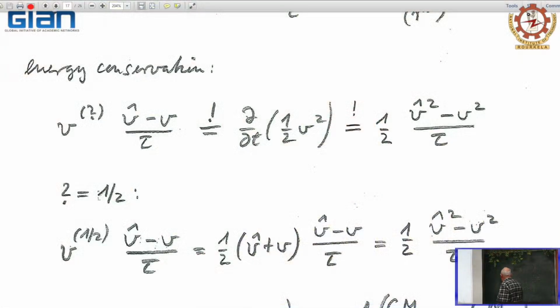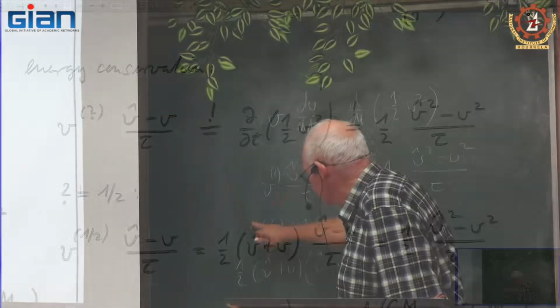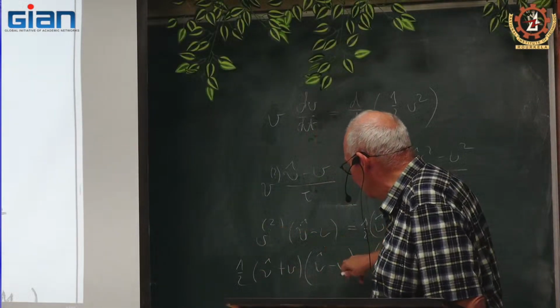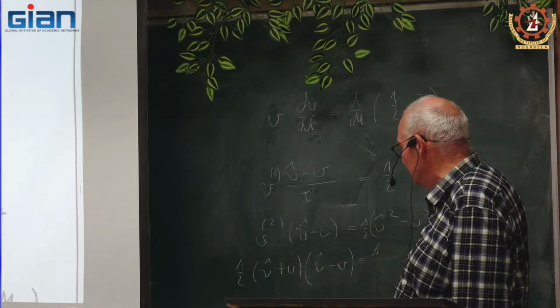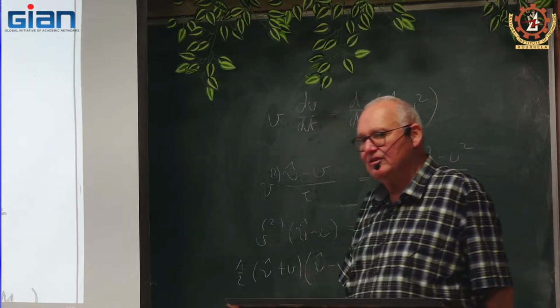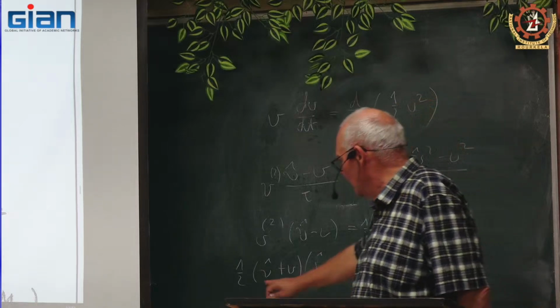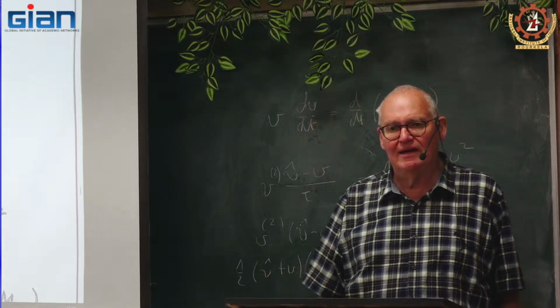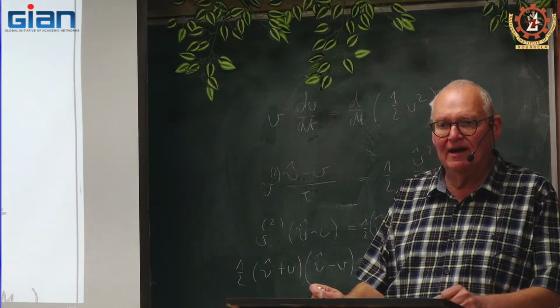So if we take 1/2 times v hat plus v times v hat minus v, we end up with this formula. That's what we wanted to have. The quantity which we have to insert here is 1/2 times v hat plus v.